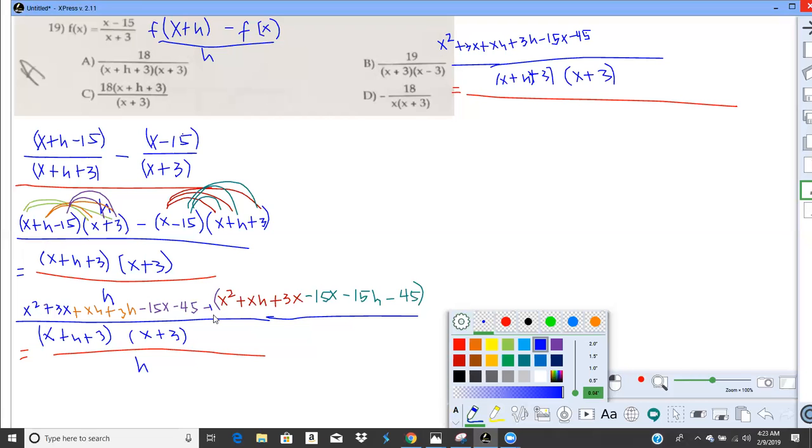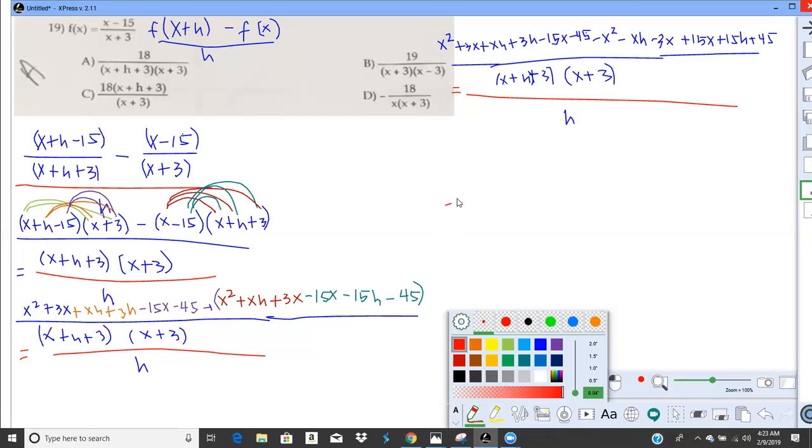So the x squared becomes minus x squared, the positive xh becomes minus xh, positive 3x becomes minus 3x, the negative 15x becomes plus 15x, the negative 15h becomes plus 15h, and then plus 45. So that's your fraction from here, all over h.